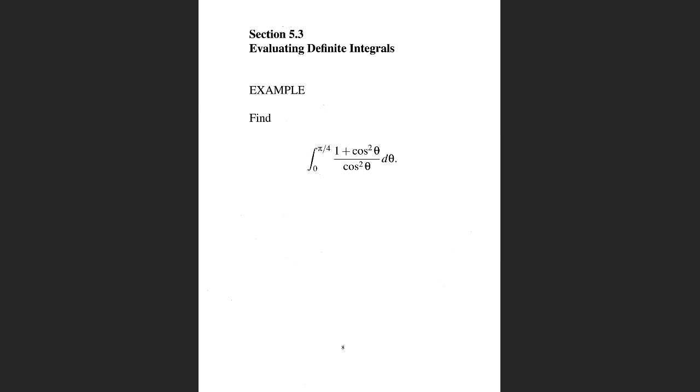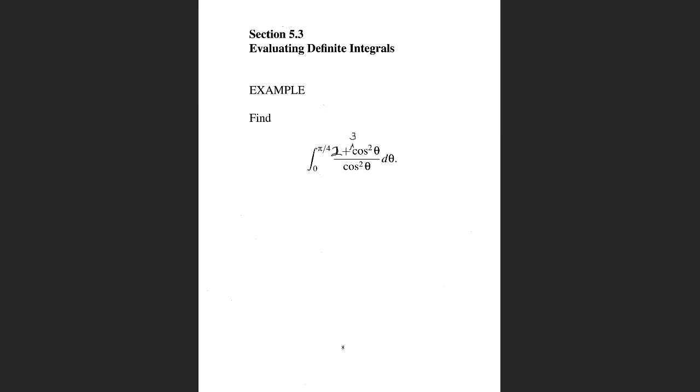All right. Now this one I have a typo on, class. The numerator here should not have a 1, but a 2 plus, and put a 3 in front of the cosine squared in the numerator.